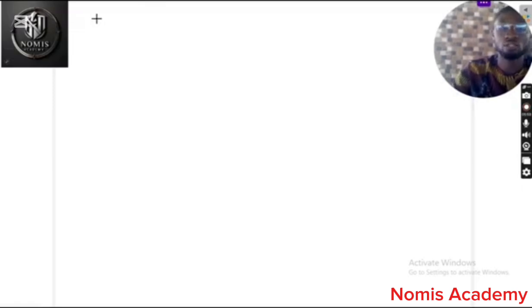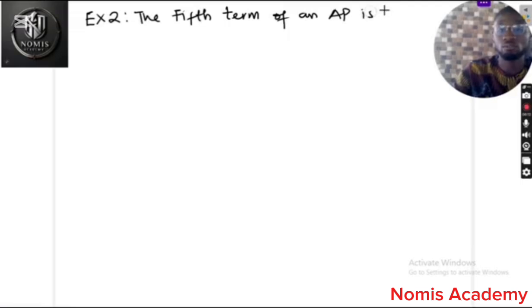Example number 2 says that the fifth term of an AP is 24, and the 11th term is 96. So the question says find the fourth term.